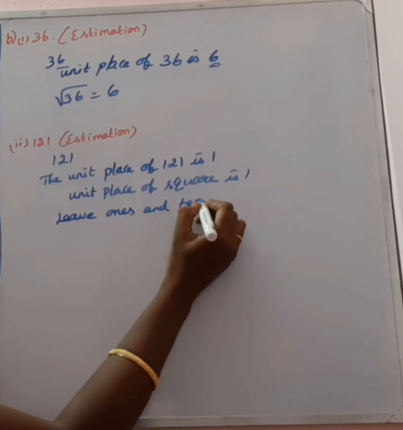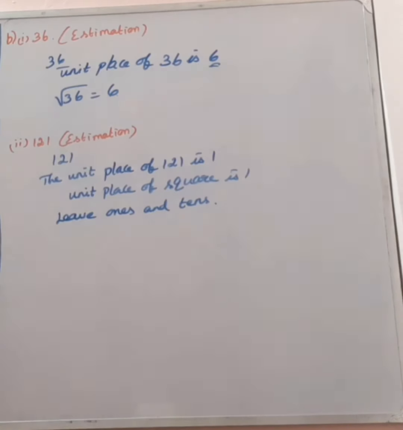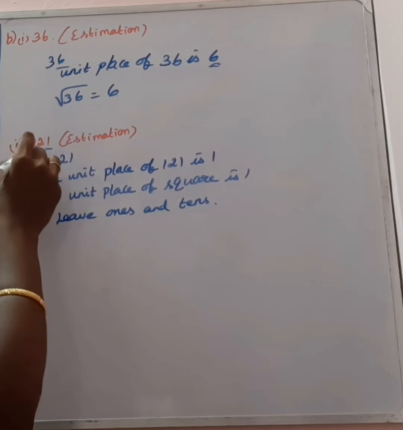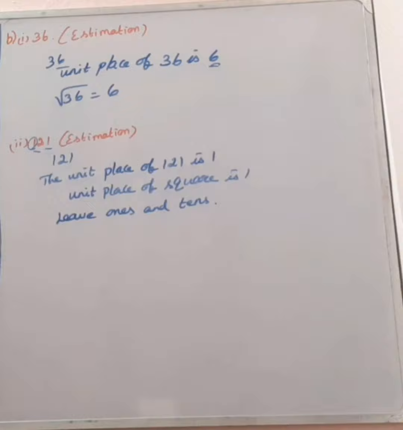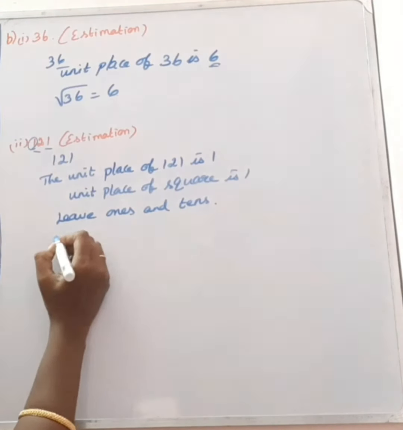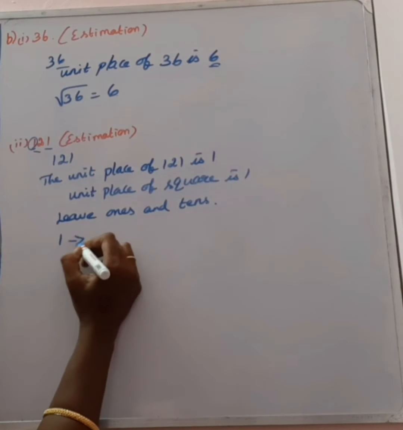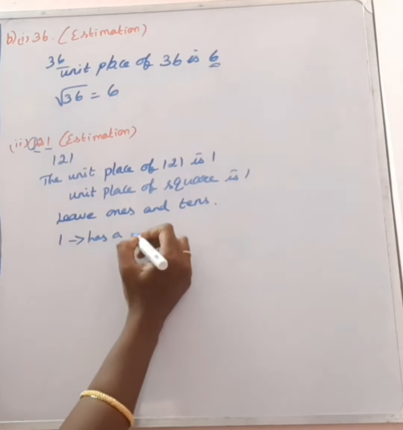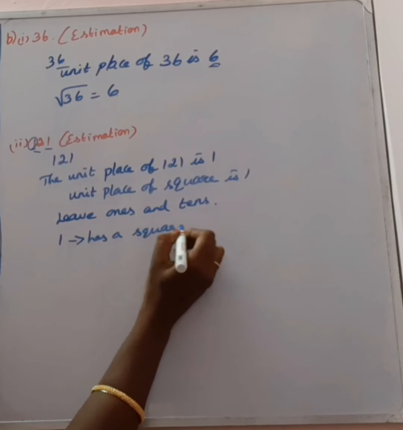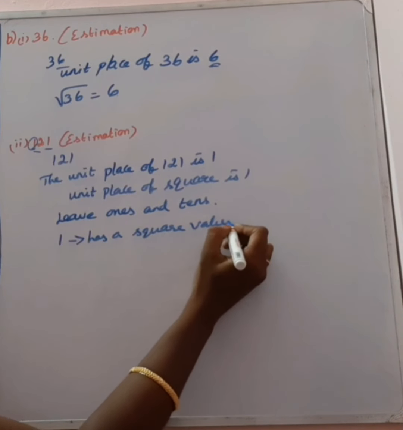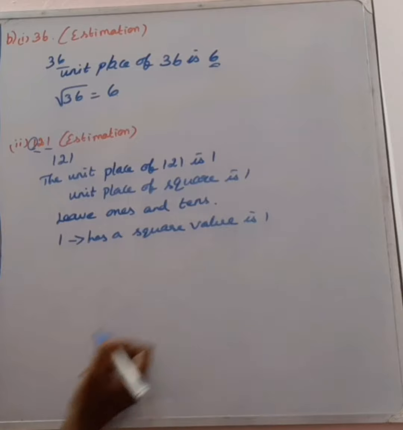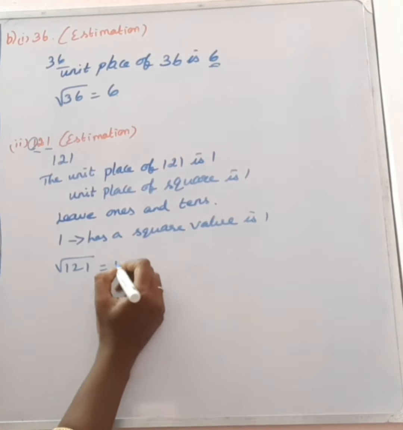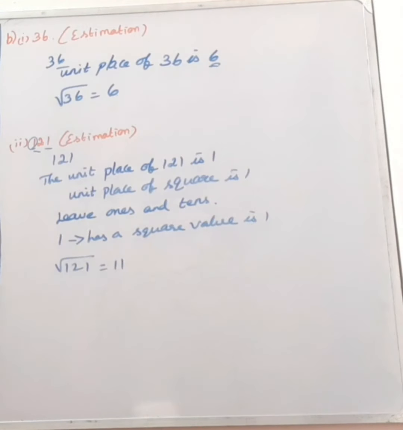Now what is the remaining here? 1, isn't it? So that 1 has a square value of, very good, it is also 1. So the answer becomes square root of 121 equal to 11.